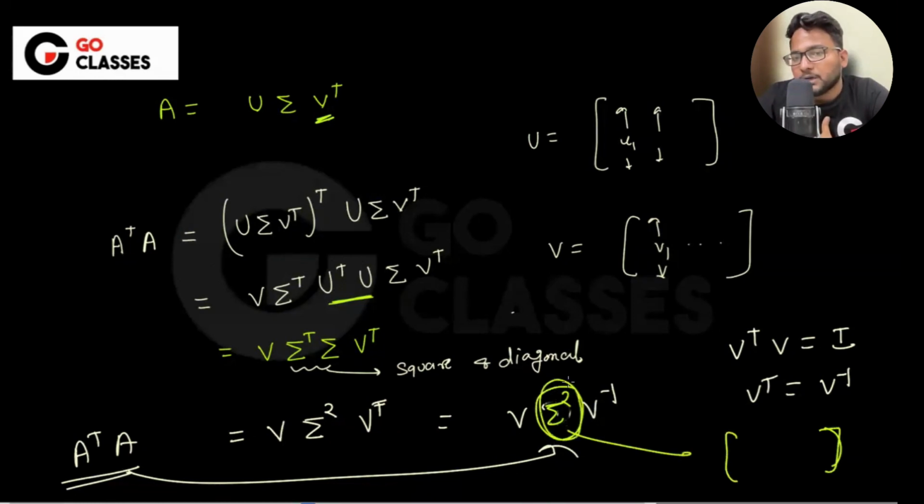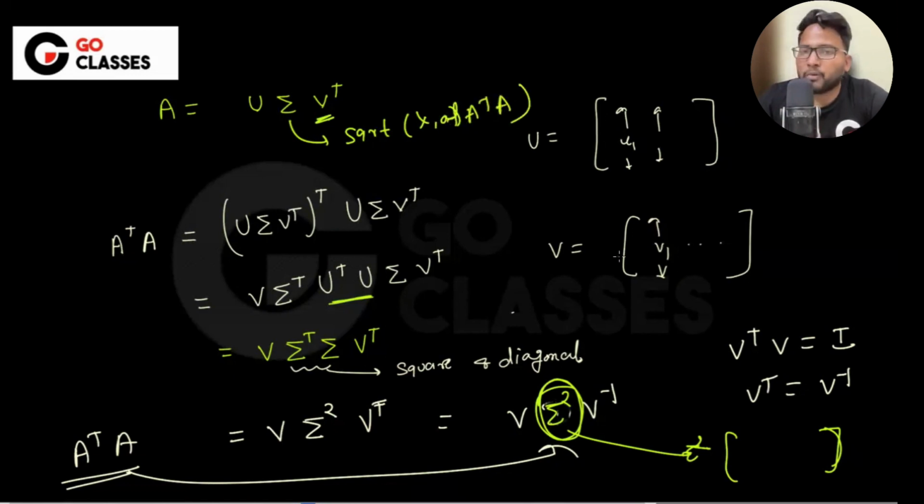You remember this sigma square is nothing but the eigenvalues of A transpose A. So how to get the sigma? Sigma is square root of eigenvalues of A transpose A, something like this. We will formulate it nicely, but for now I'm just telling you in a rough way. But we are still yet to find U.